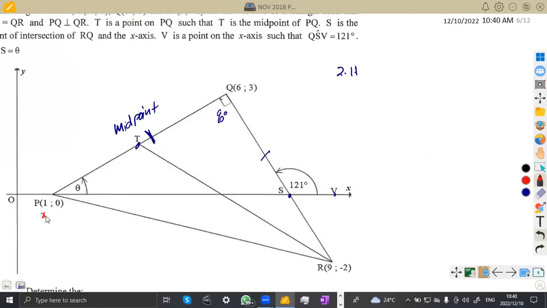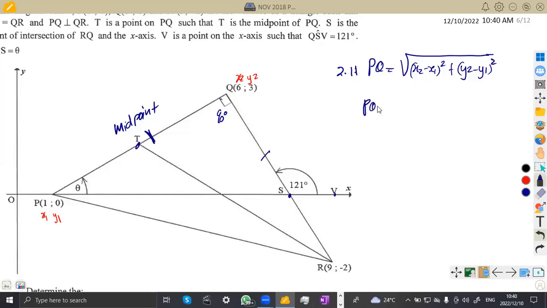So we can name this as X1, Y1, and this as X2, Y2. Knowing that the length of PQ is going to be given as the square root of, you must know this formula, guys, (X2 minus X1) squared plus (Y2 minus Y1) squared. You can start with Y, it's still one and the same thing.